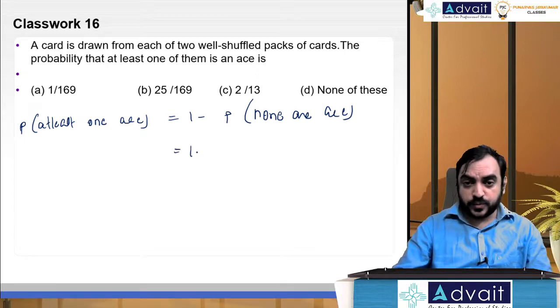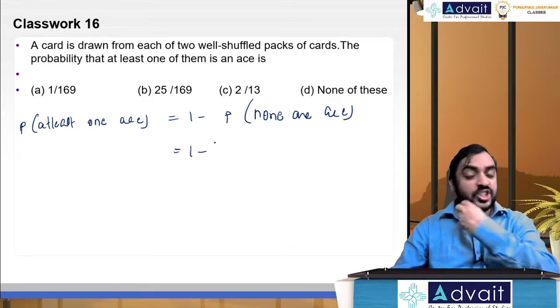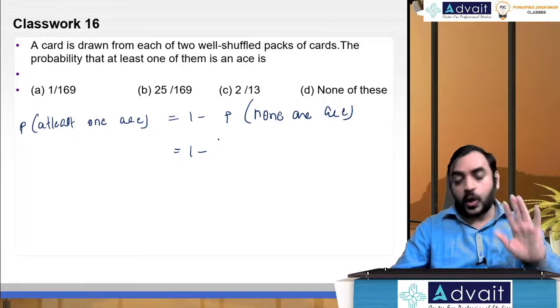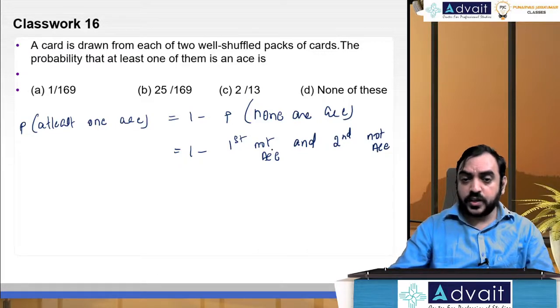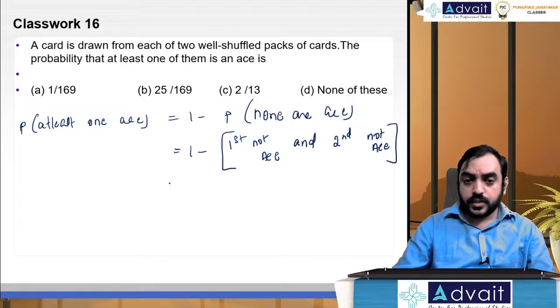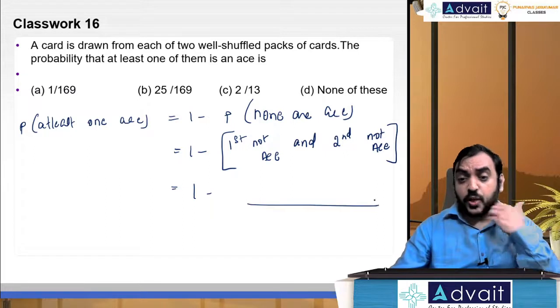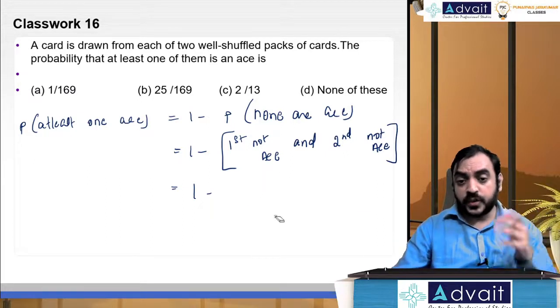So 1 minus probability of first one is not an ace, second one not an ace. First one not an ace, second one also not an ace. So what is the first condition? Without any condition, you're selecting from, okay, first one not an ace.